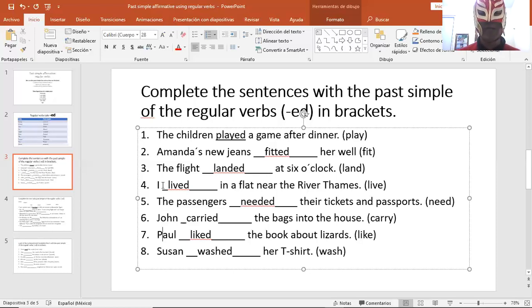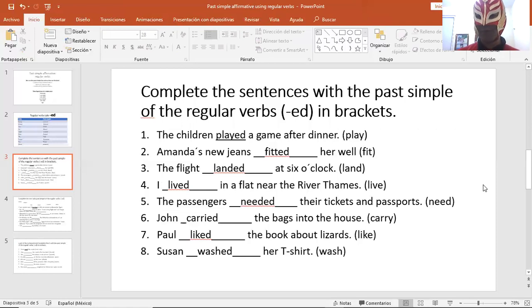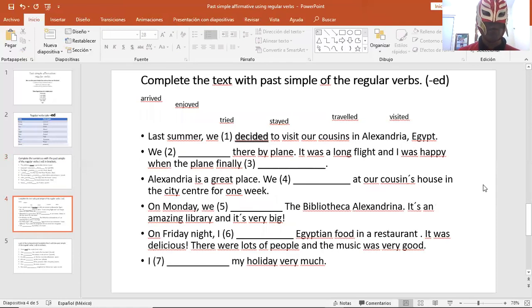Paul le gustó el libro acerca de lagartijas. And number eight, Susan washed her t-shirt. Susan lavó su playera. Okay, so this is the exercise from your Wonderful World book, and we're gonna do one more. Well, two more actually.